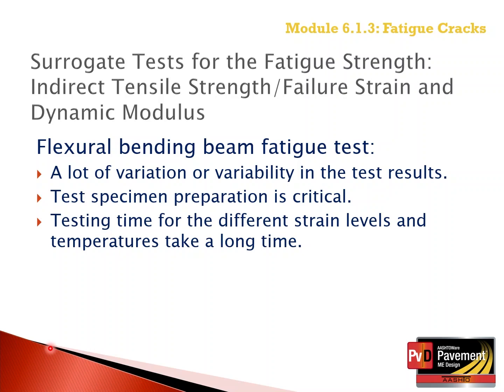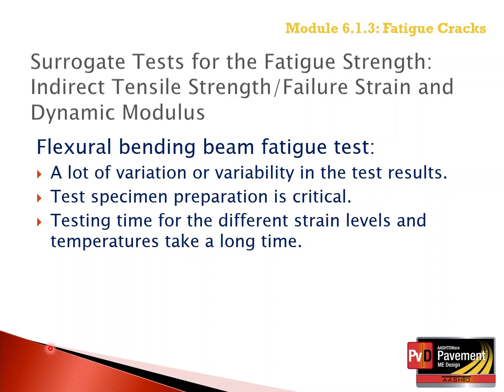Preparing beam specimens, test specimens, is critical and needs to be absent of any test specimen defects. The time to prepare and test the bending beam specimens to failure can take a lot of time and is very labor intensive.